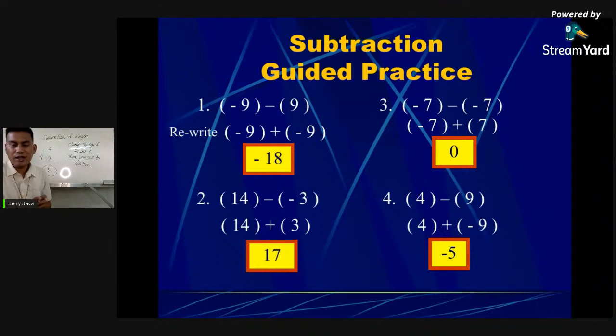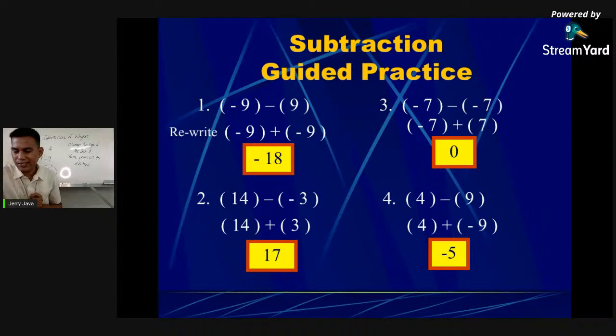Who got 4? Please write your scores now. 4 over 4, 3 over 4, 2 over 4, 1 over 4, 0. Before we proceed to multiplication and division, because the rules of multiplication and division are the same. Write your scores for subtraction. 4 is the total.